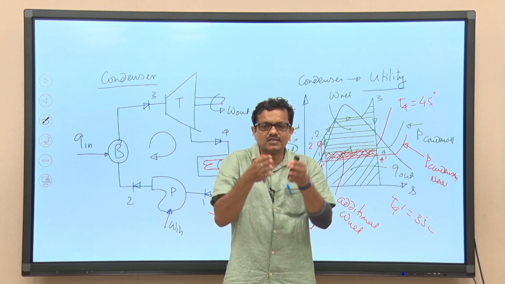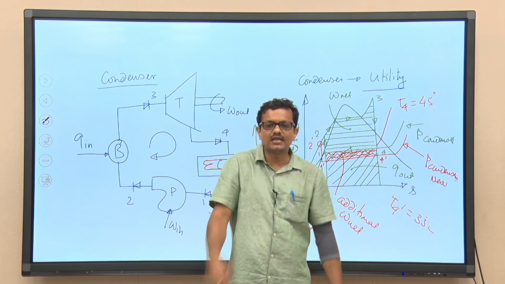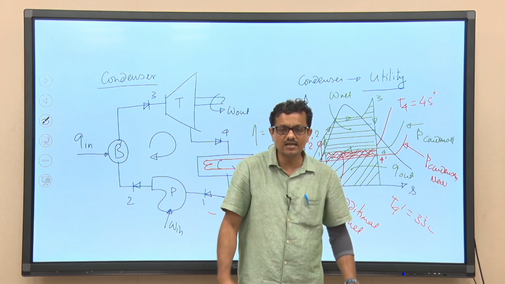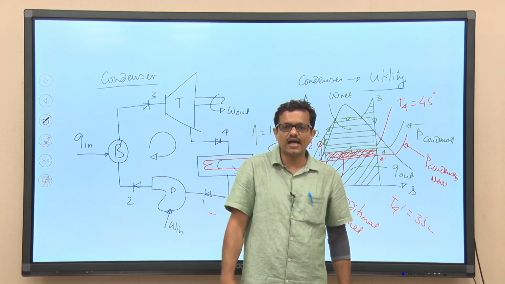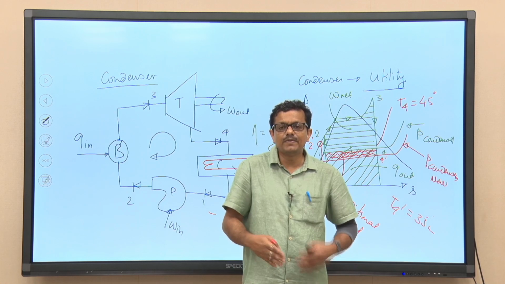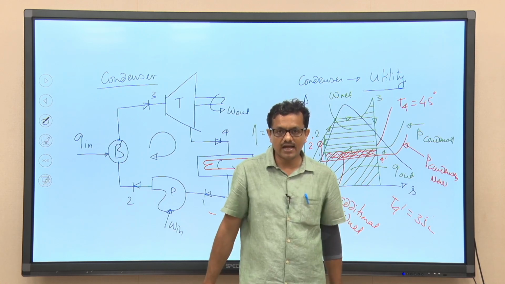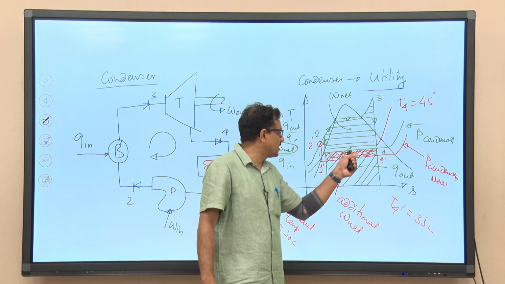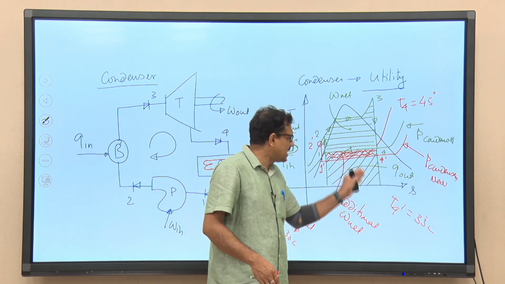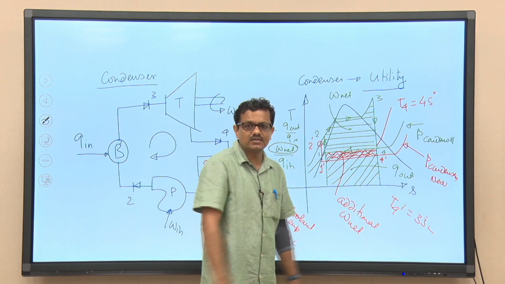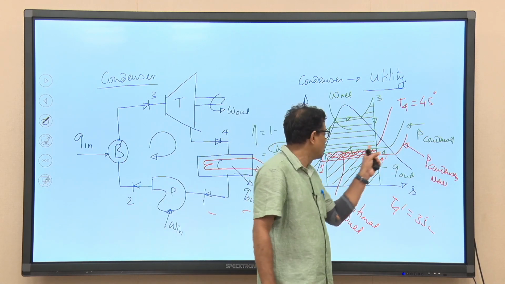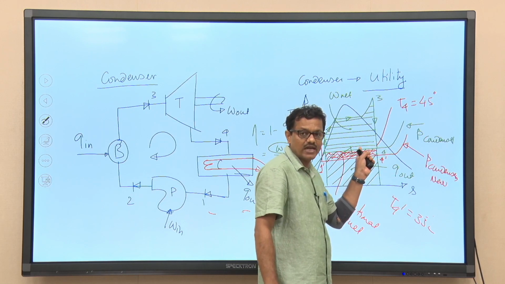between these two different streams, and as a result of this finite temperature difference, high degree of irreversibility will be there, right. So, accounting for that high degree of irreversibility, the efficiency of the plant will be reduced, right. So, to increase the efficiency in a way which I have discussed, that we can see by looking at this TS diagram without going into that much thermodynamics details, that if I reduce the condenser pressure, we can increase the area, that is W net.